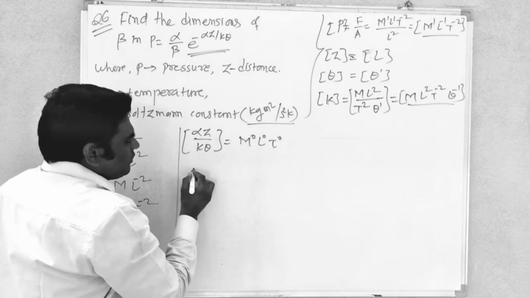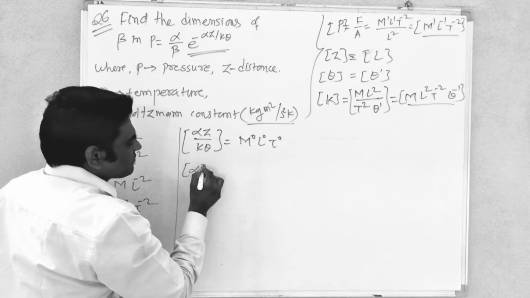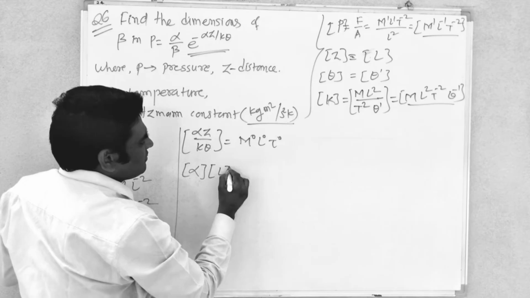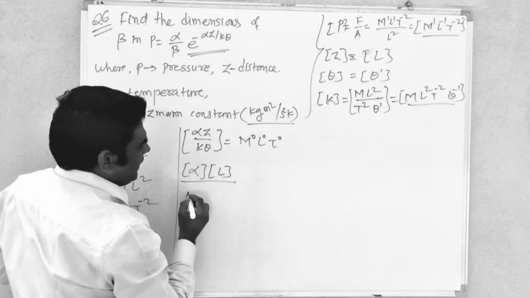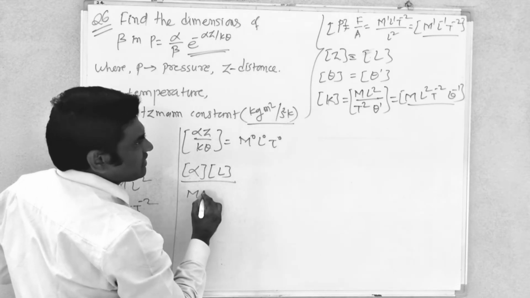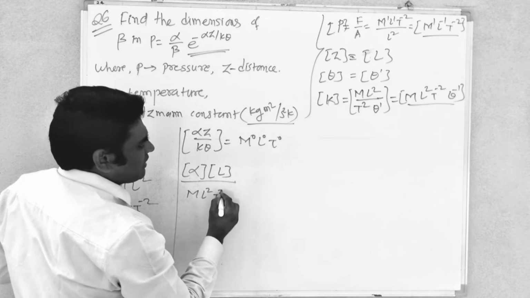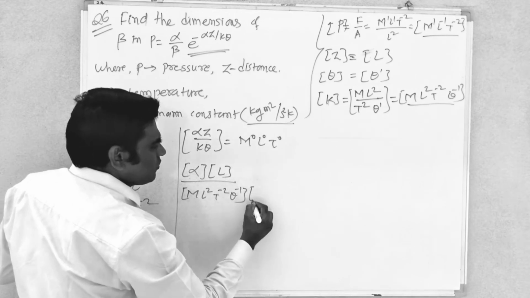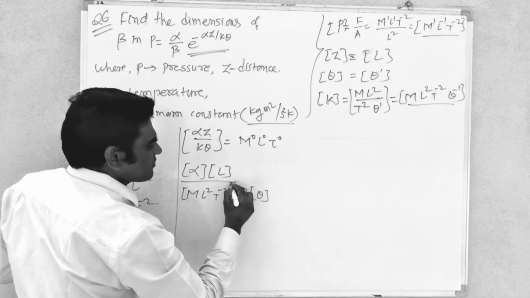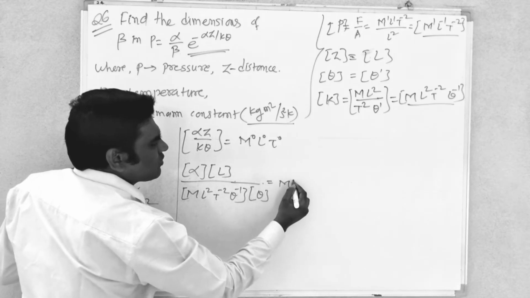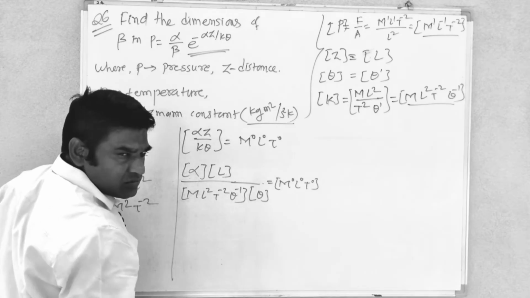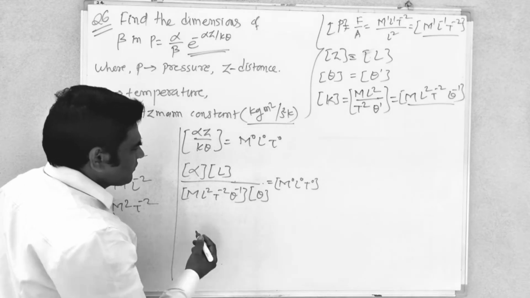So dimension of alpha into dimension of z, L, divided by dimension of k, M L square T minus 2 theta to the power minus 1, into theta is equal to M0 L0 T0.